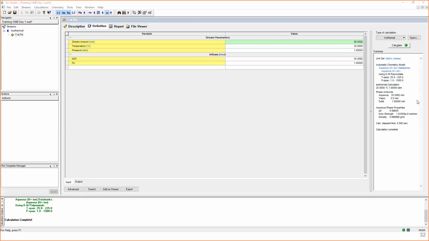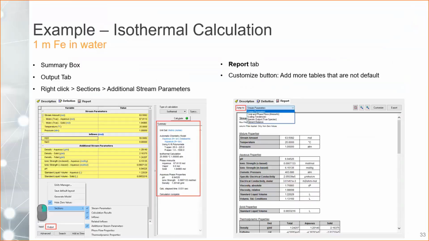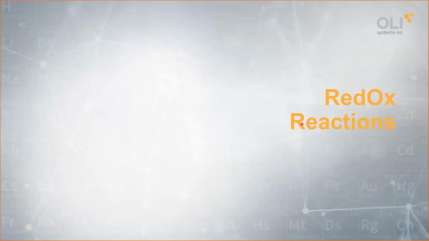So what happens is that in the software, we need to account for the redox reactions. In our calculation that we just saw, we did not turn on redox reactions.